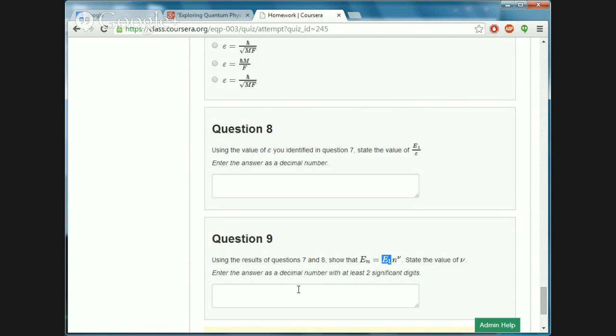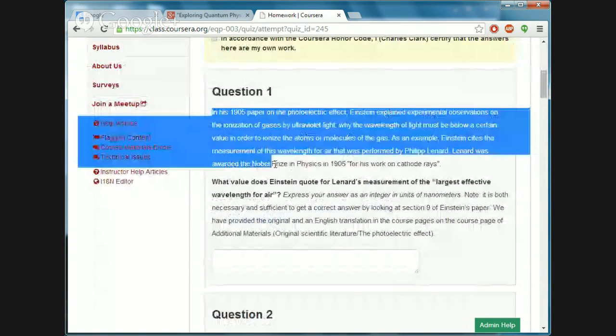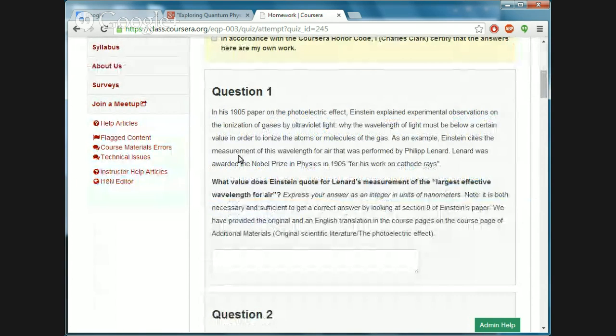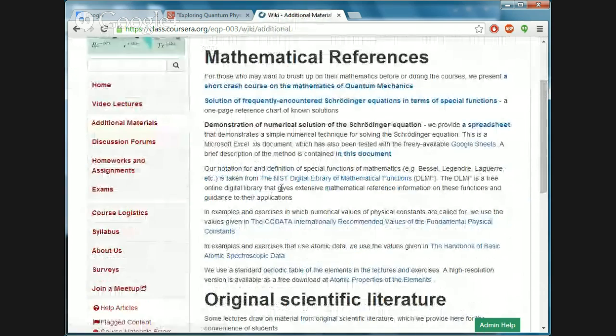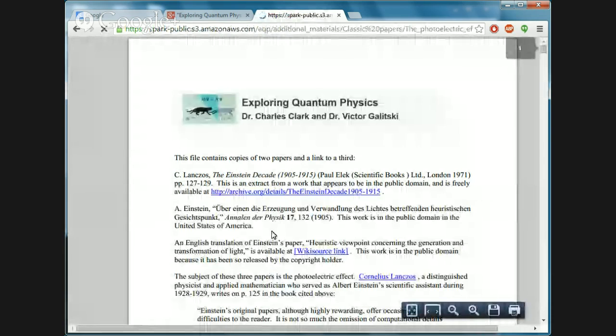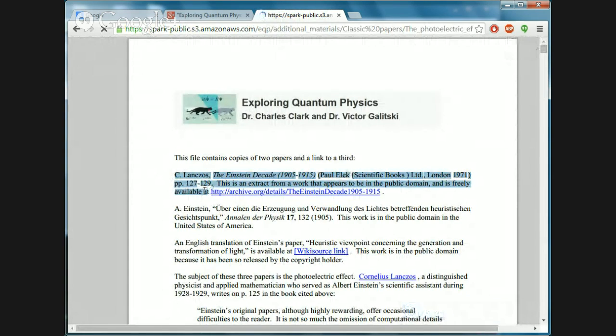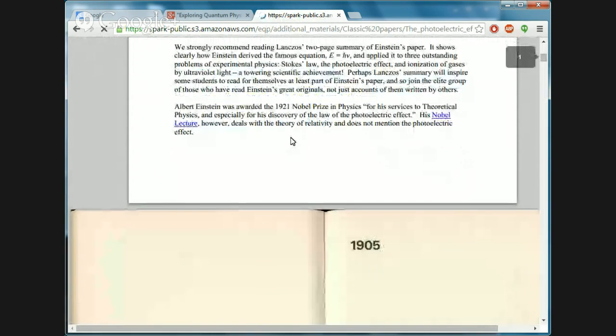Yeah, I'm going to shut up in a moment, but I can't do that before I mention a little anecdote about this Einstein paper. I give the students a copy of the Einstein paper on the photoelectric effect. Actually, I give them several things. One is this incredibly wonderful book by Lanczos, who was the personal assistant to Albert Einstein for a while.